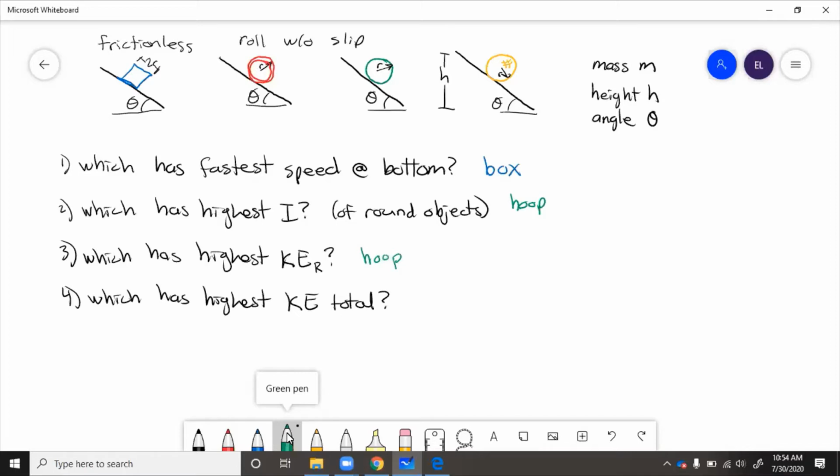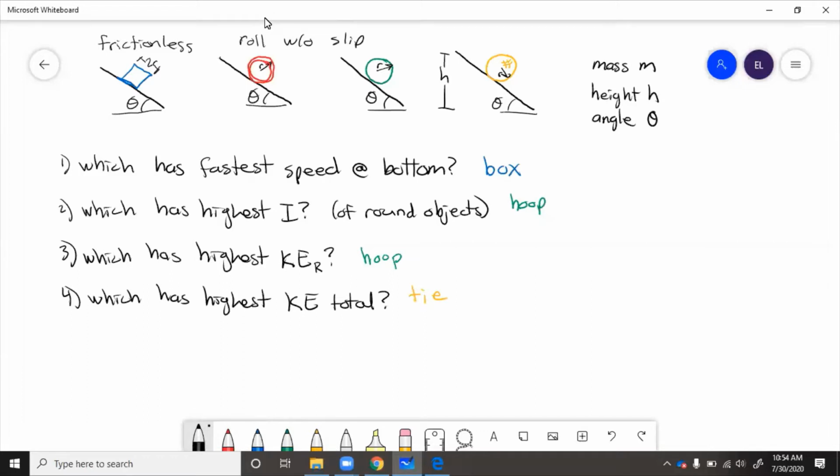And the one with the highest total kinetic energy is actually, they all tie. All the objects, and not just the round ones. So now we'll work the math out for this.